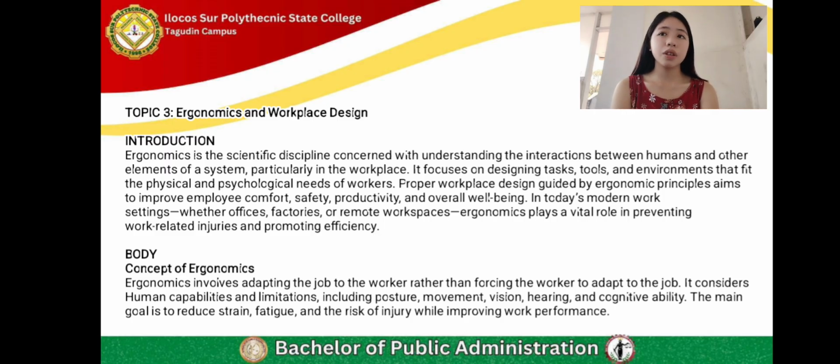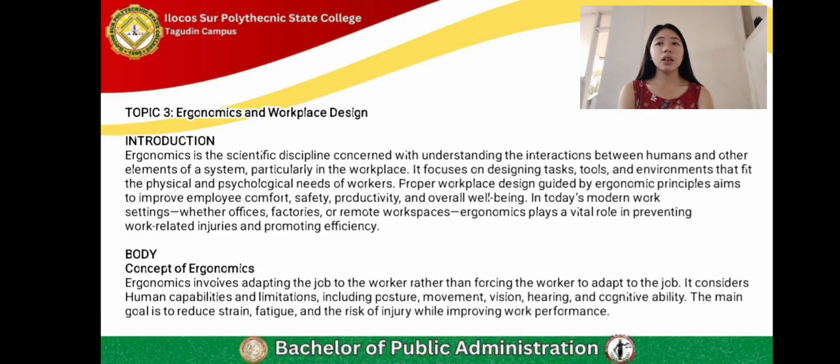Ergonomics is the scientific discipline concerned with understanding the interactions between humans and other elements of a system, particularly in the workplace. It focuses on designing tasks, tools, and the environment that fit the physical and psychological needs of workers.